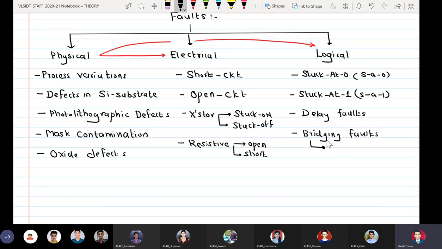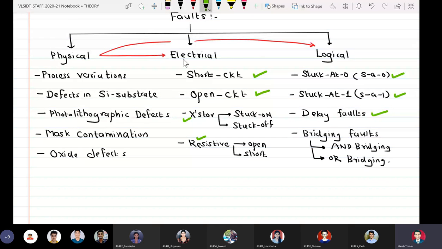And we have bridging faults, of two types: AND bridging and OR bridging. Among all these, what is important is short circuit, open circuit, transistor stuck on and off, resistive faults, stuck at 0, stuck at 1. Bridging faults is there, but we are not going to study them.